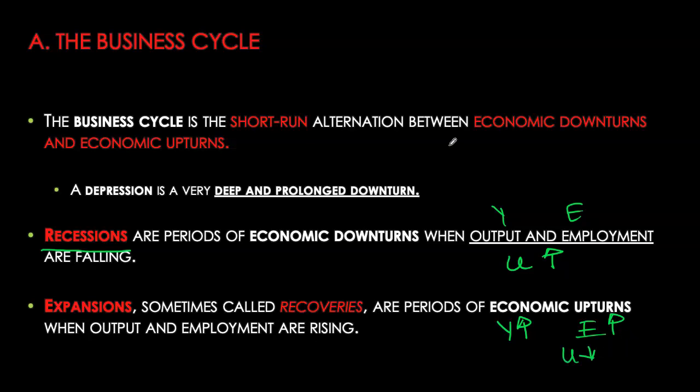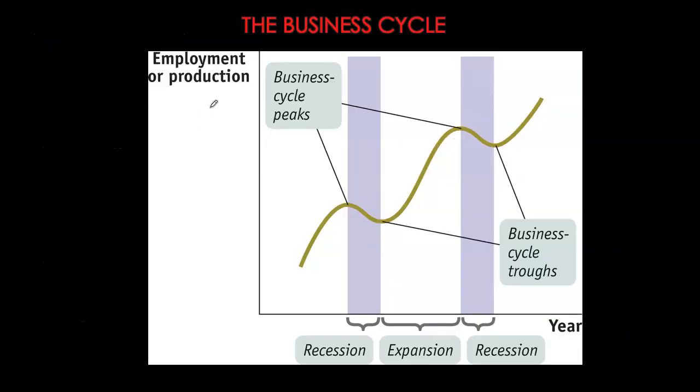We can visualize these recessions and expansions that the economy experiences on a diagram where I have economic activity captured by our production level or employment on the y-axis, and we have time period on the x-axis. And this could be yearly data or quarterly data, because remember, this is short-run alternations between upturns and downturns. When you have the economy expanding, this is when GDP and employment are rising.